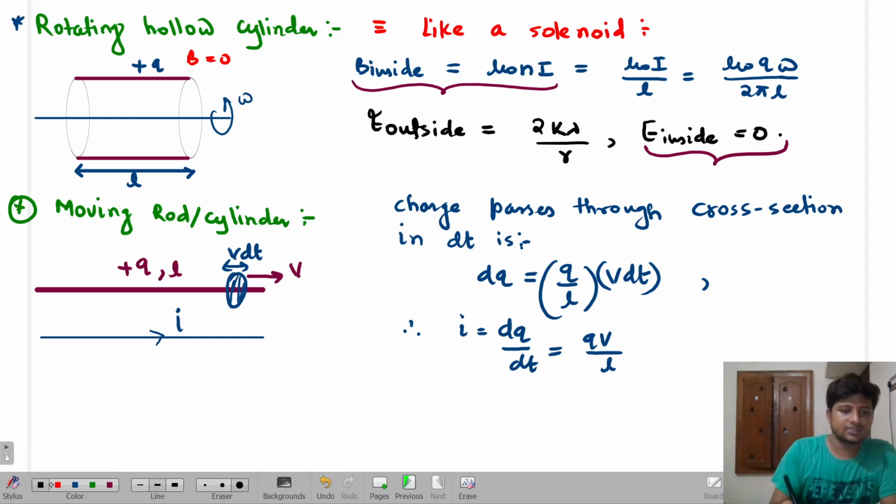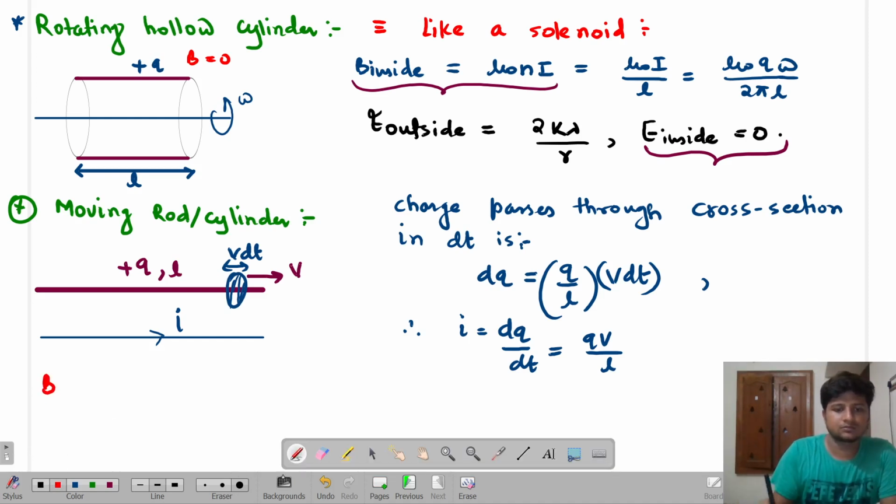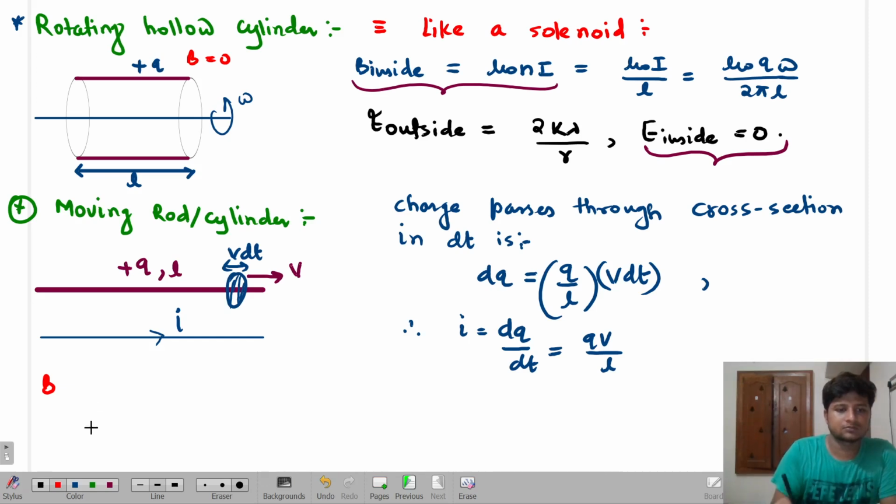Now the magnetic field at the center, it is equal to how much? Let us consider the magnetic field outside the rod.